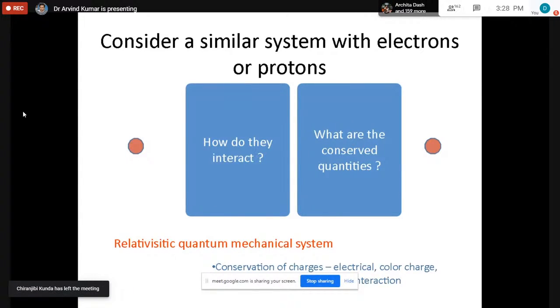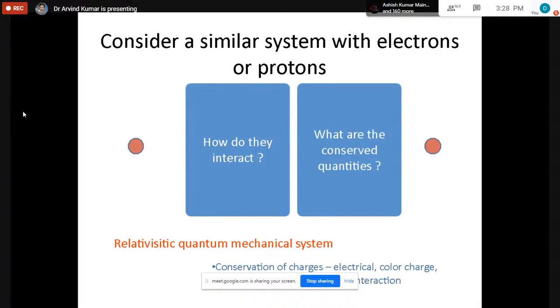The entire idea is to discover these conservation laws, which are essentially electrical charges, colored charges, and something called the weak charges. These are the things which are conserved, and also there are other numbers like baryon number and lepton number. These are your conserved quantities.